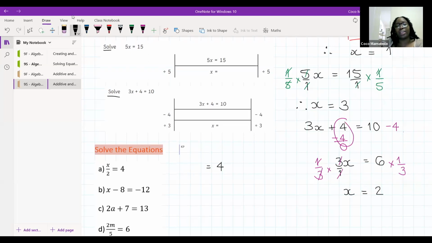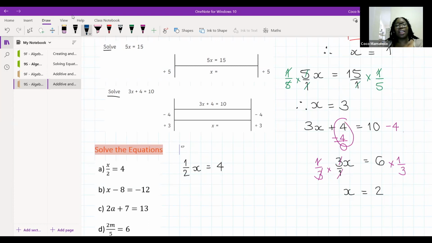So I'm going to rewrite it as 1 over 2 x is equal to 4. So what are we trying to get rid of here? And which rule, which inverse, are we going to use? The multiplicative inverse. Yes.